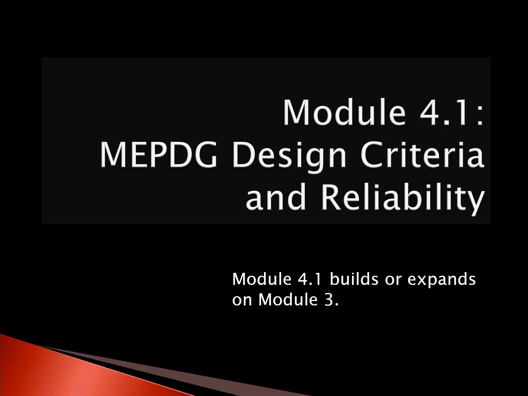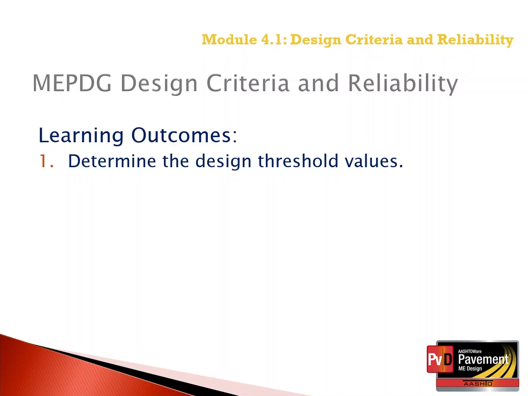We're going to start with Module 4.1 on the MEPDG design criteria and reliability. Module 4.1 expands from the material presented under Module 3, as well as Module 2. There are 4 learning outcomes for Module 4.1.